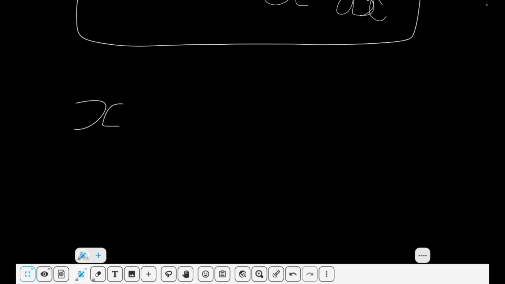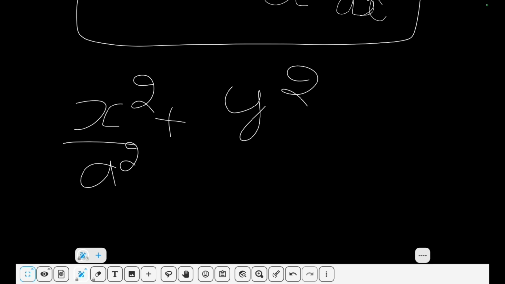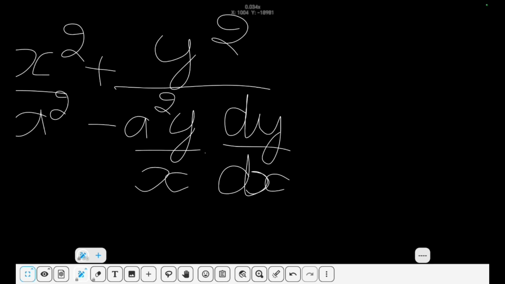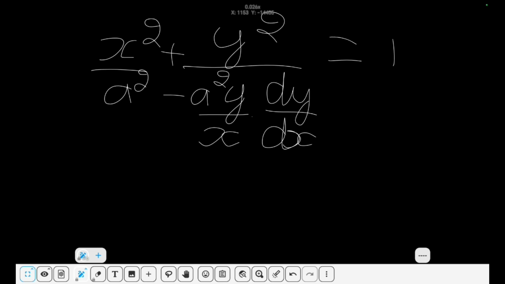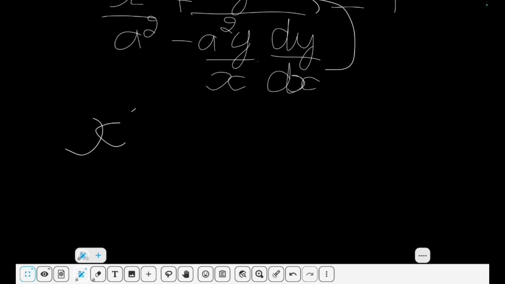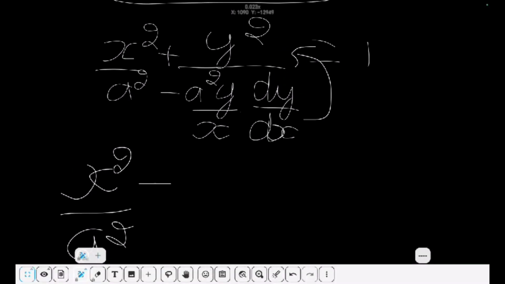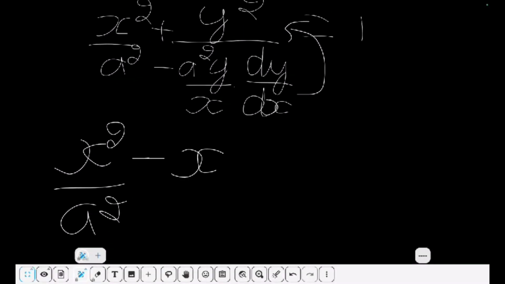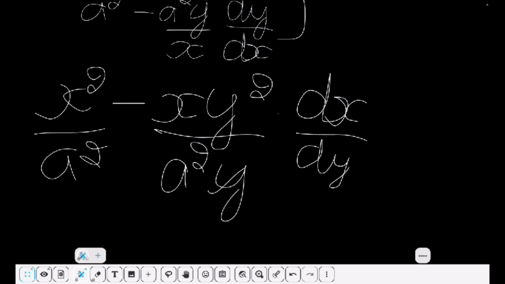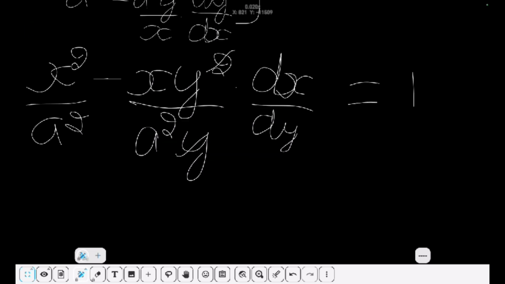So that becomes x square by a square plus y square by minus a square y by x into dy by dx, that equals 1. And denominator na numerator tarana, that gives a square minus, because we have minus sign here, minus x into y square into dx by dy divided by a square y cancel out, that equals 1.